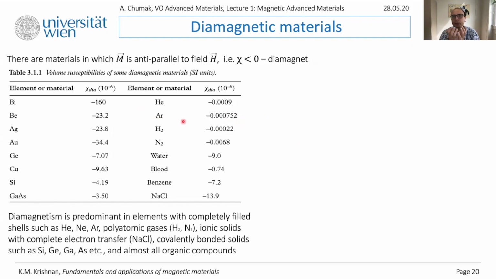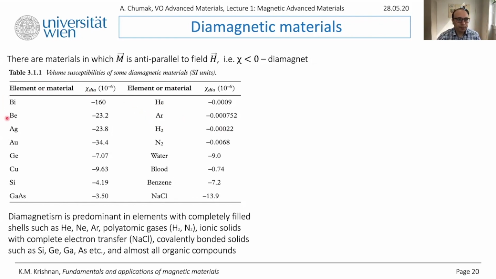In this case, the orbital momentum is compensated, and the spins always come in pairs pointing in opposite directions which compensate each other. So the atoms are neutral also in terms of magnetic response, and you can see this small diamagnetic response of your atom. That's why these gases are diamagnetic.